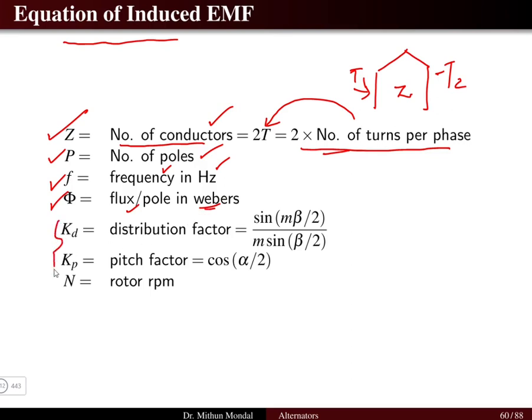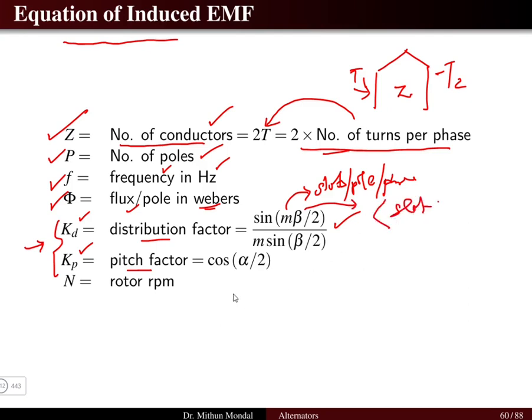KD and KP are factors we introduced in the previous lecture, where KD indicates the distribution factor and KP indicates the pitch factor. The distribution factor is given by sin(mβ/2) divided by m sin(β/2), where m indicates the number of slots per pole per phase and β indicates the angular displacement of the slot.